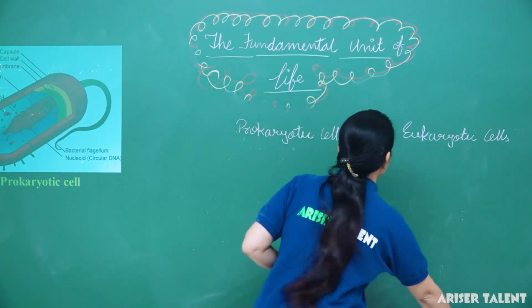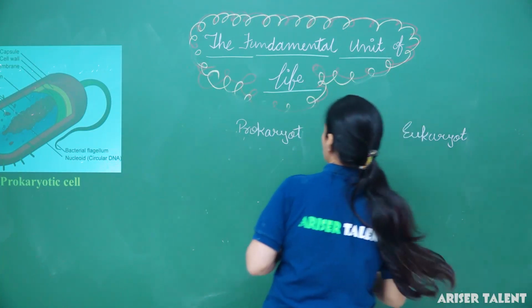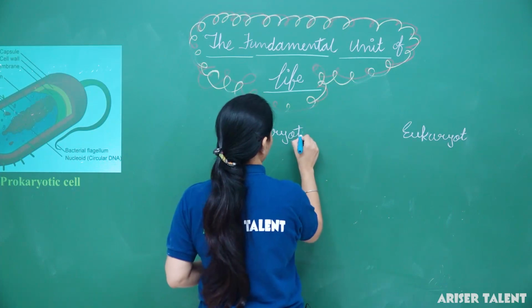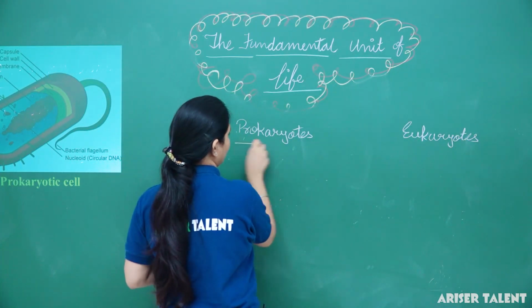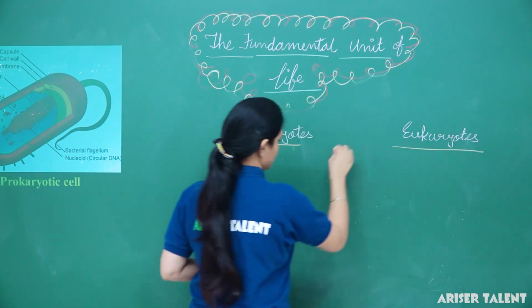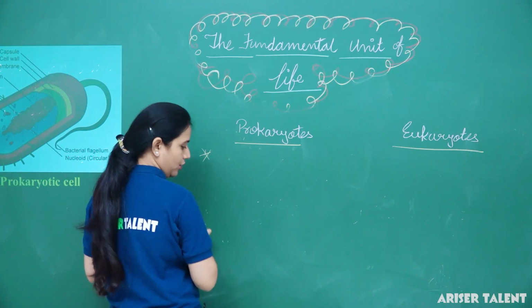Or we can mention prokaryotes or eukaryotes. Simple, means organisms which have well defined nucleus, they are eukaryotes, and prokaryotes, those do not have a true nucleus. Okay, so here we are going to discuss the different features, first of all on the basis of nucleus.